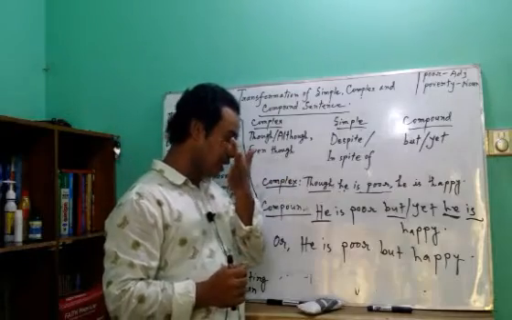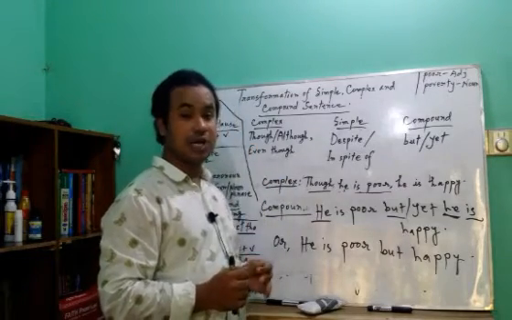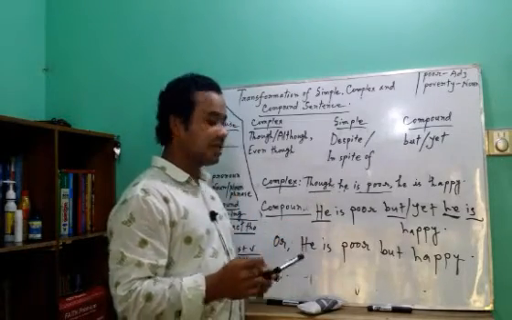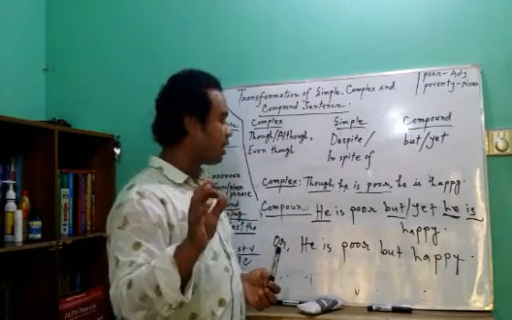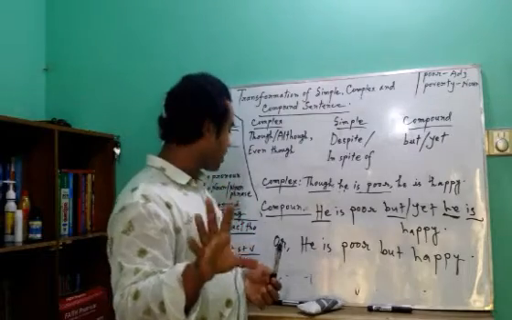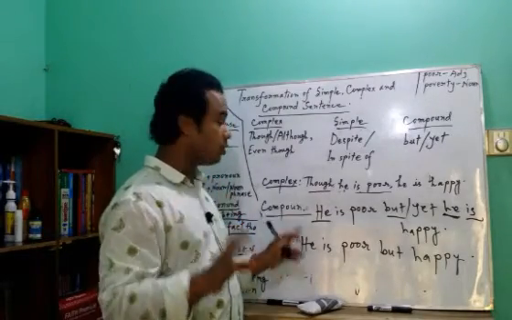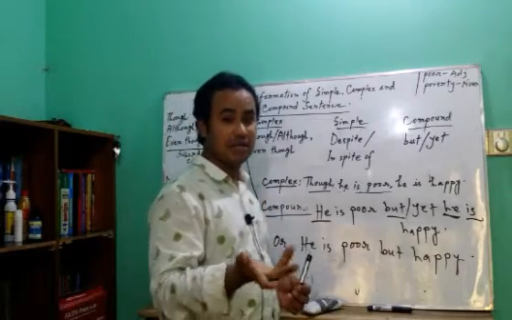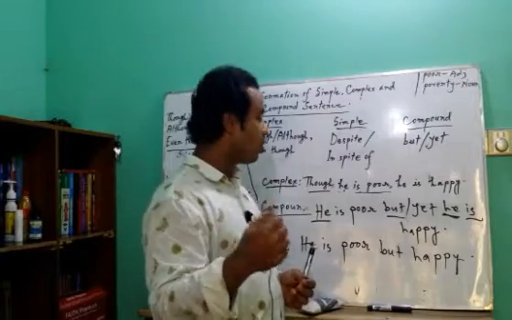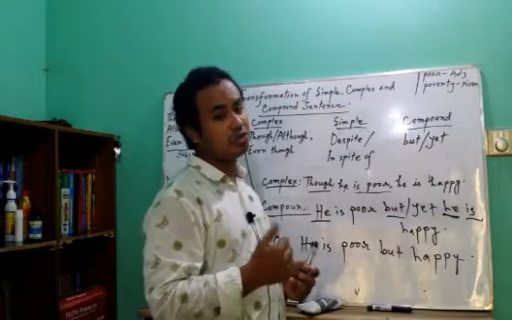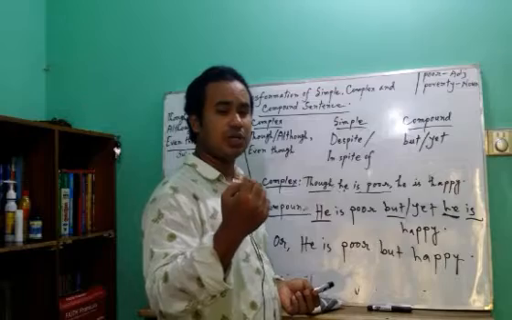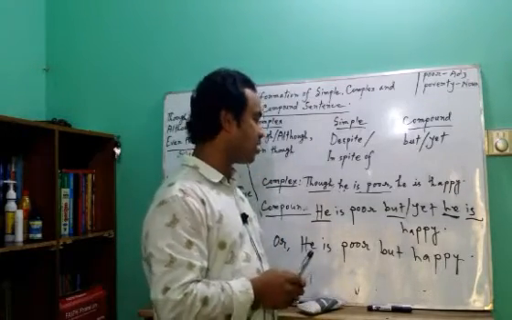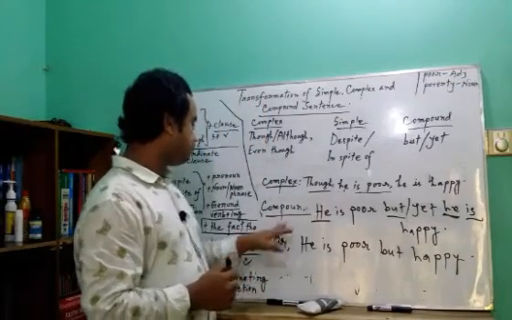Though he tried hard, he failed the course. In place of though we are using despite or in spite of to make it simple. In spite of his trying hard, he failed the course. Or you can write in spite of trying hard, he failed the course.